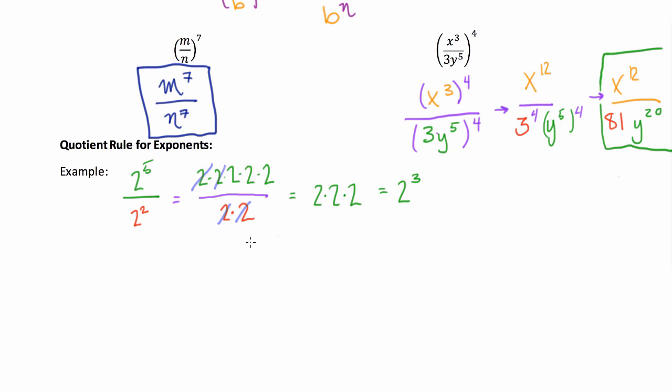And what that rule in general looks like, I don't know why I didn't type this, quotient rule for exponents.